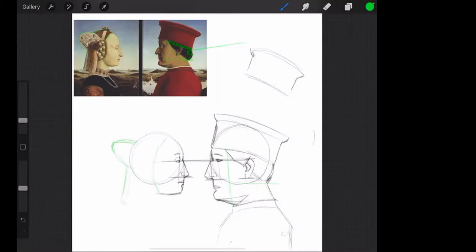You can also use a guideline, vertical guideline, horizontal guideline. So the line for the neck, it's very close to the hair, hair accessory. Okay.